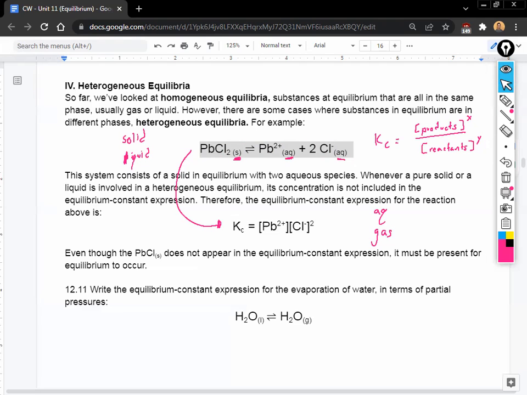You've got H2O liquid in equilibrium with H2O gas, basically what's happening on the surface of a glass of water. I'll give you guys another minute to finish that up.